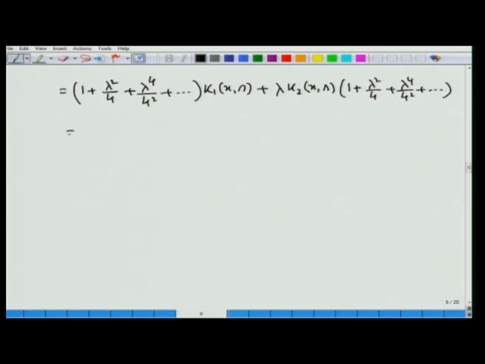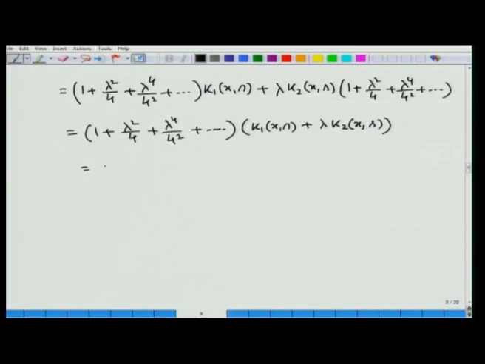So, ultimately we are having this expression, that is 1 plus lambda square by 4 plus lambda to the power 4 by 4 square plus dot dot up to infinity, multiplied with k1(x,s) plus lambda k2(x,s). This pre-multiplied infinite series you can easily observe is a geometric series, with first term 1 and common ratio lambda square by 4.